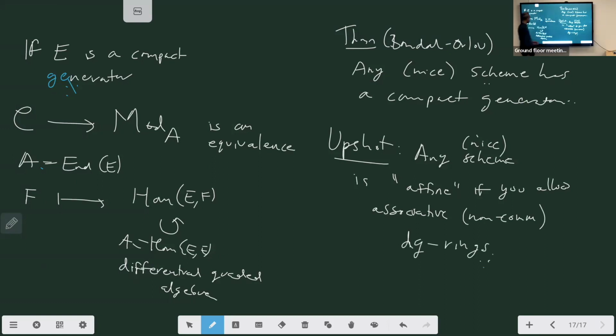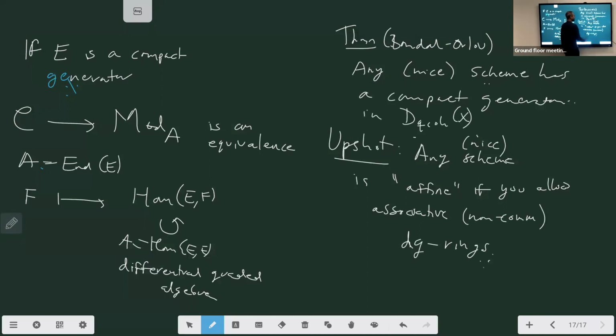You can write the category of quasi-coherent sheaves on any space as the category of modules. And by the way, quasi-coherent sheaves is just the completion of Perf X under colimits.